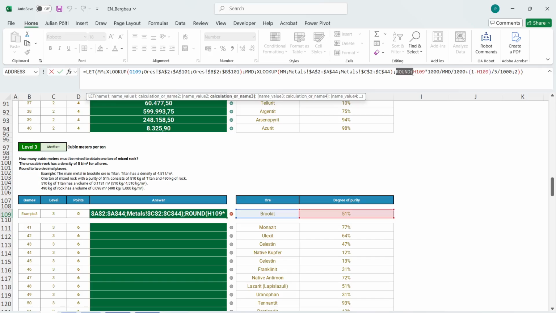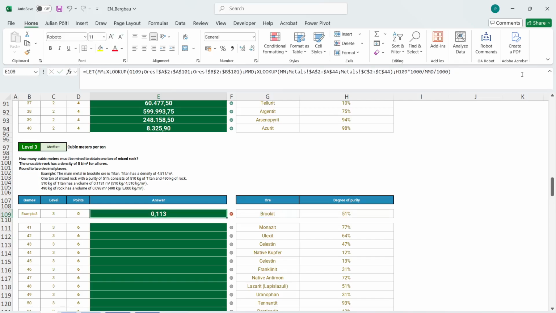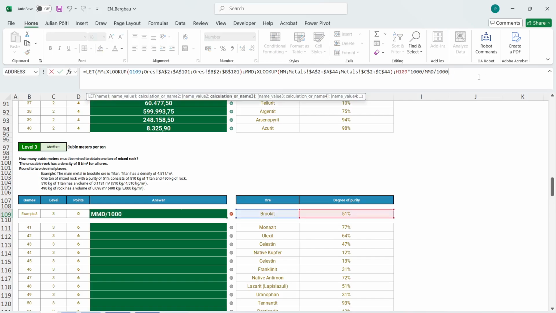1113. Yes, it's right. So this is MMV, main metal volume.